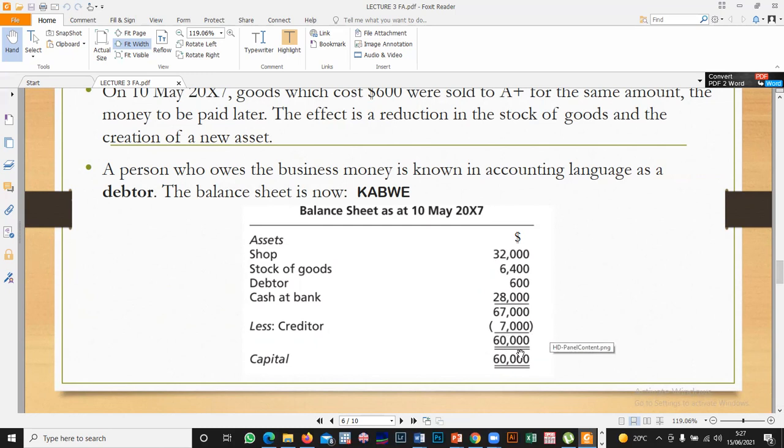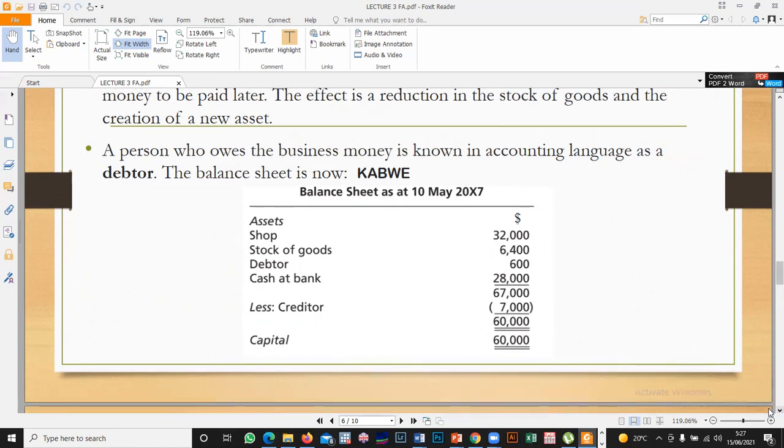Now look at how a debtor is represented in this sense: $600 has been put there.